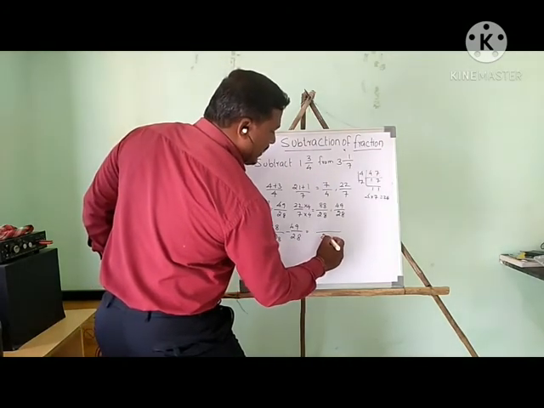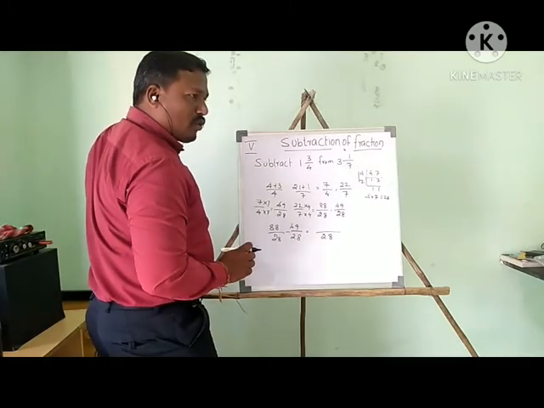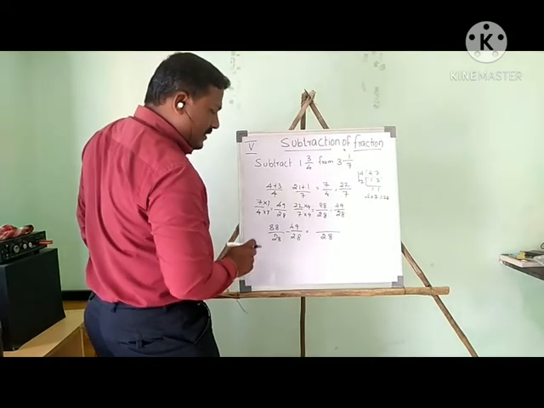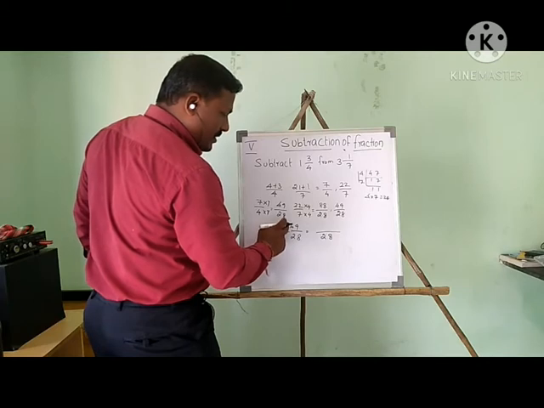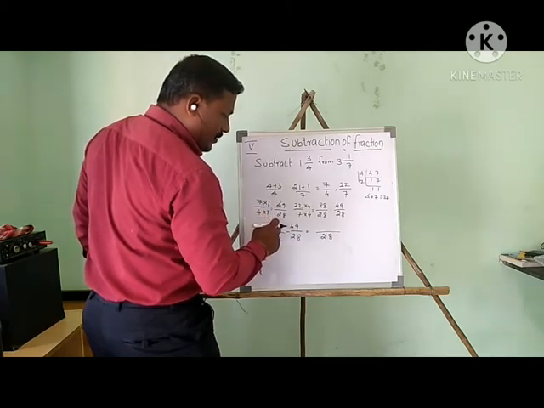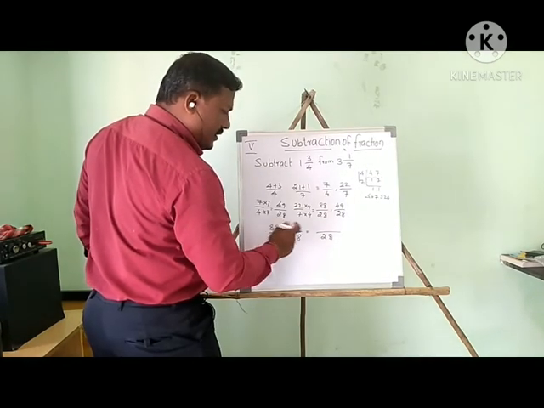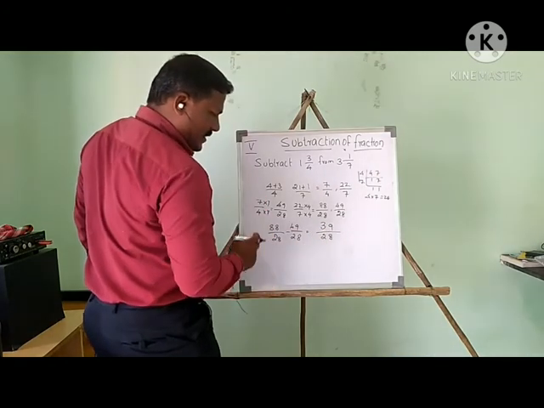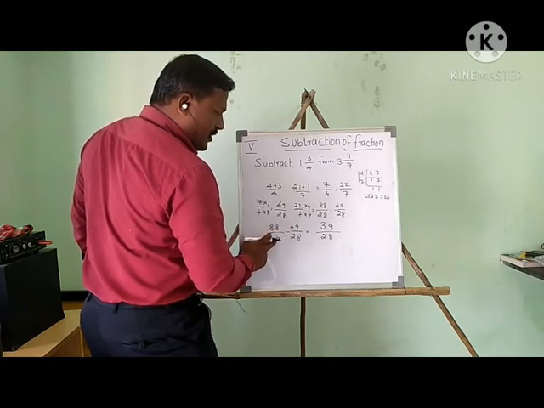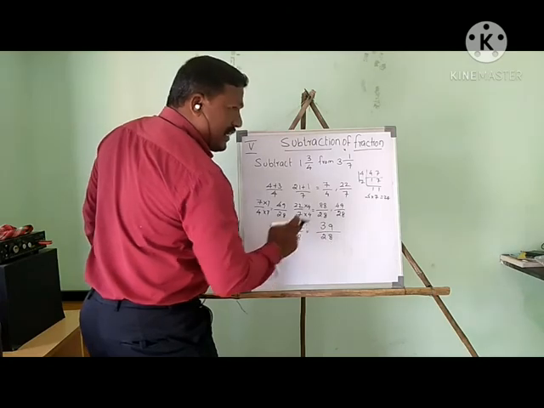If you subtract 88 minus 49, what will we get? 39, na? 49 plus 30, 70, 39. 39 is the answer, yes. 88 minus 49. So commonly we take 28. If you subtract, 39 divided by 28.